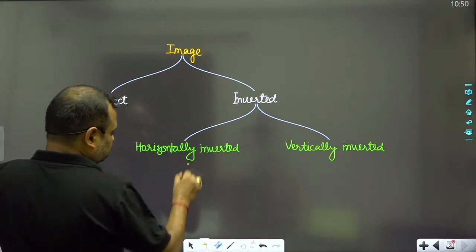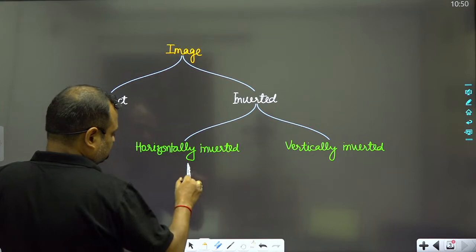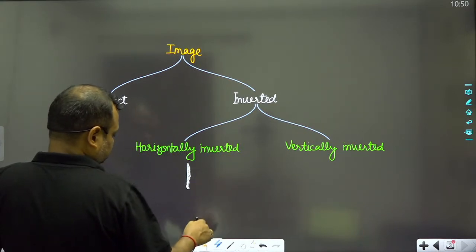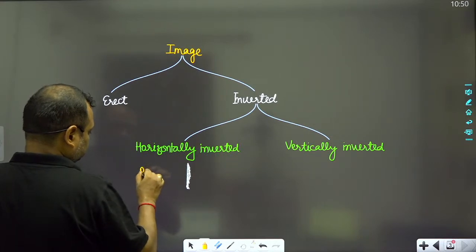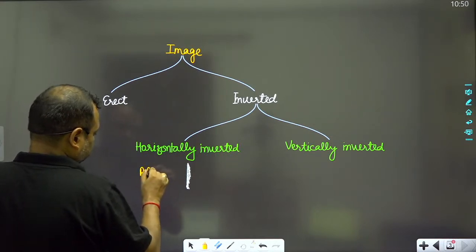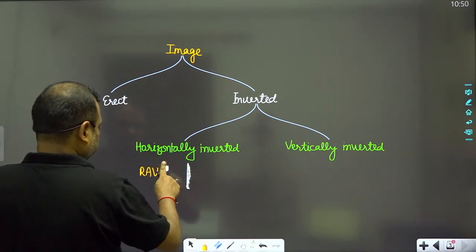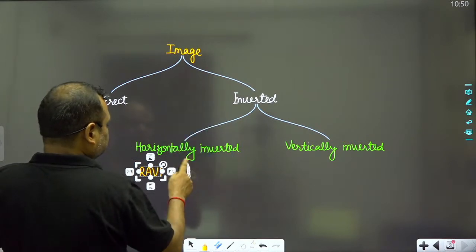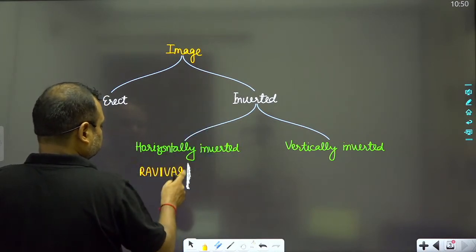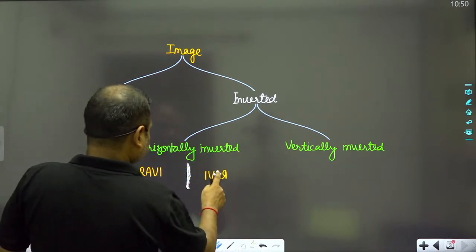Suppose that this is a mirror, and suppose that this is Ravi. So in case of the inverted image, the mirror image is formed like this.